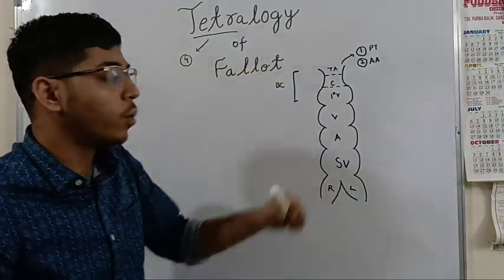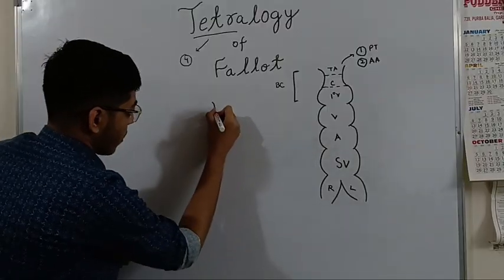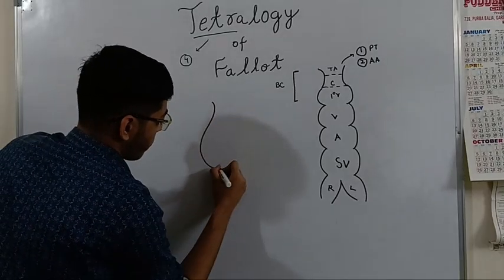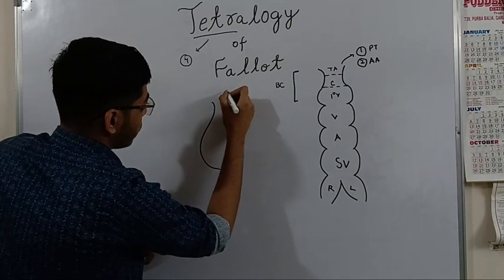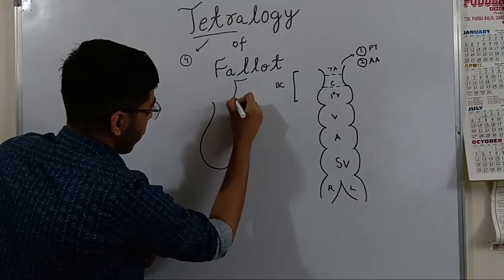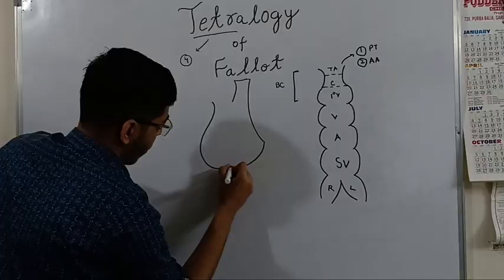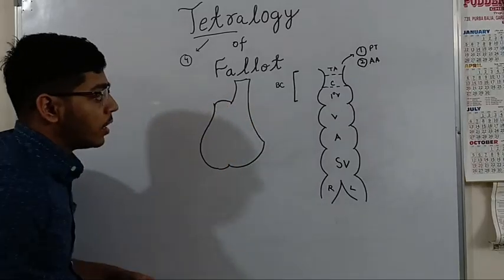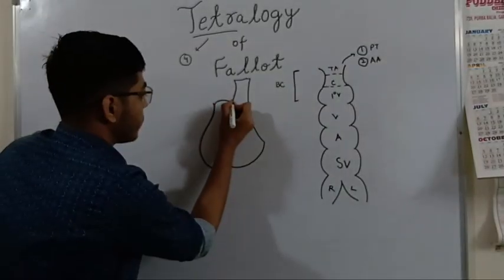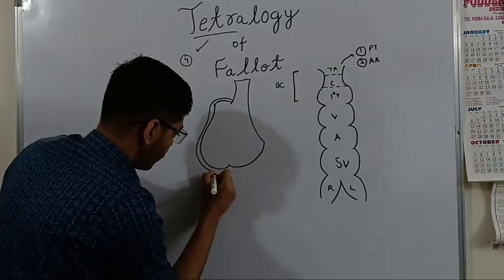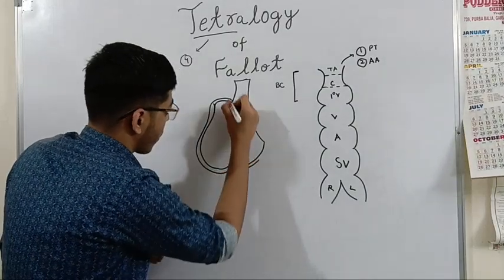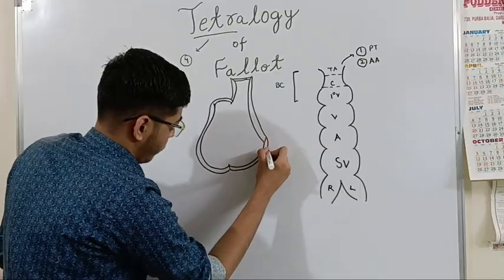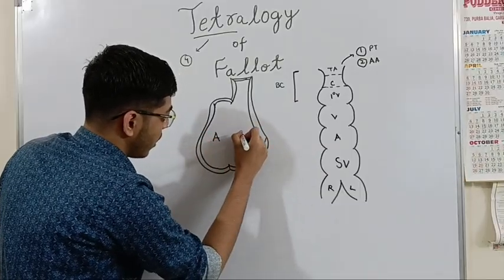After this structure is folded, it is going to be like this, where this part is the atria and this part is the ventricle.